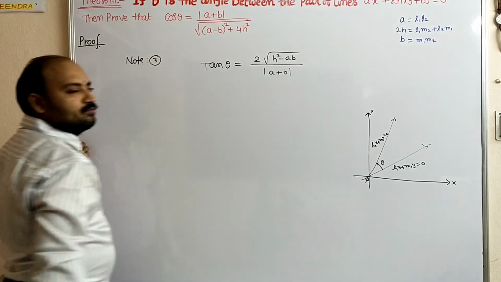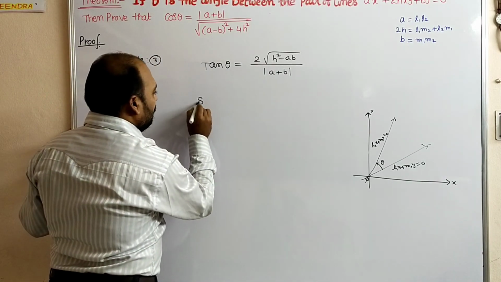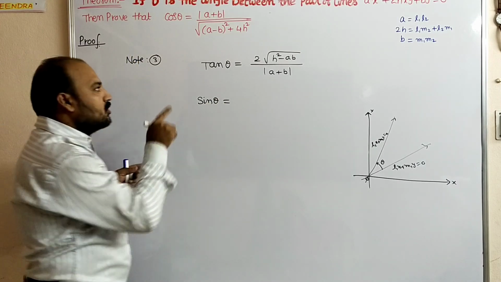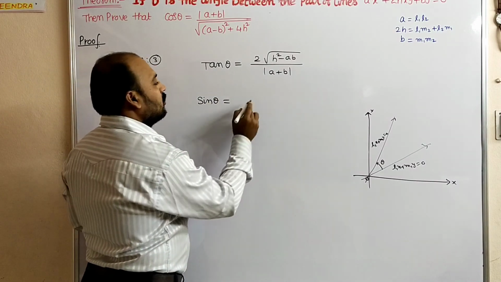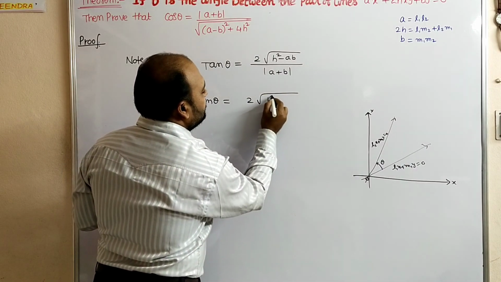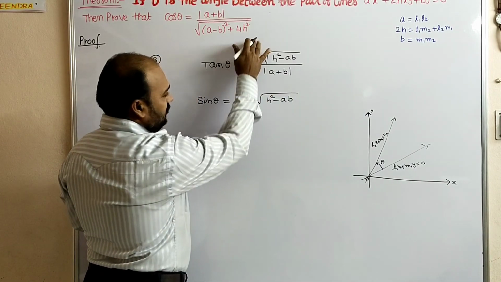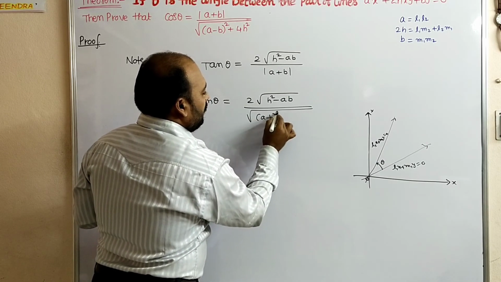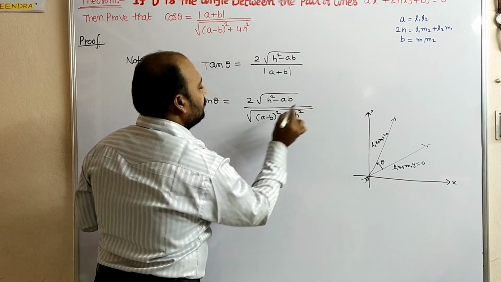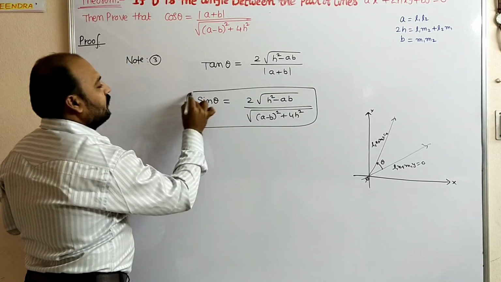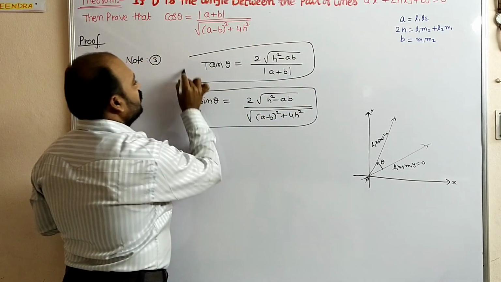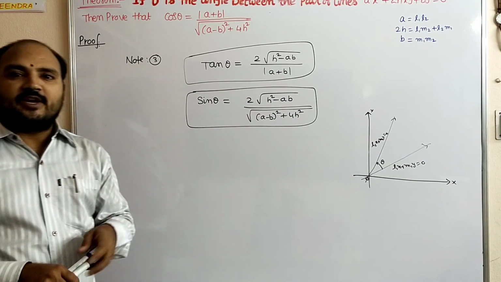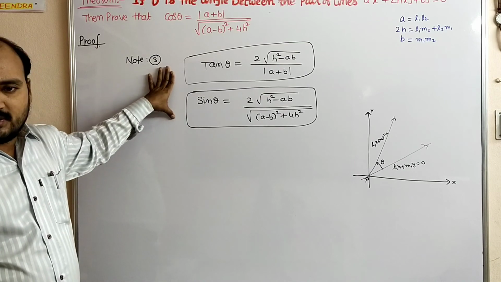If you want to write sin theta: sin theta equals 2 root of h square minus ab, the denominator is this only, square root of (a minus b) whole square plus 4h square. Because in competitive exams they will ask about these formulae. These two formulae will be useful in competitive exams like MHT-CET or JEE Mains. We will use this formula.